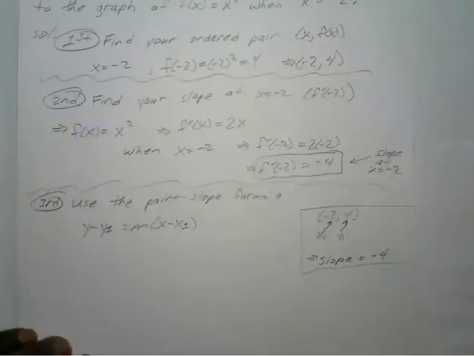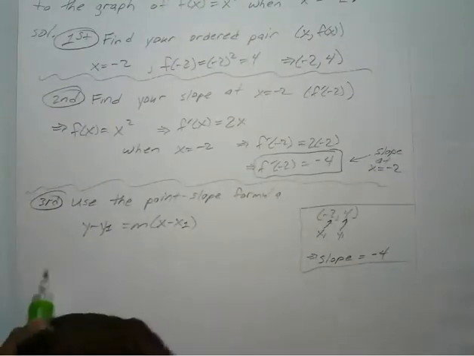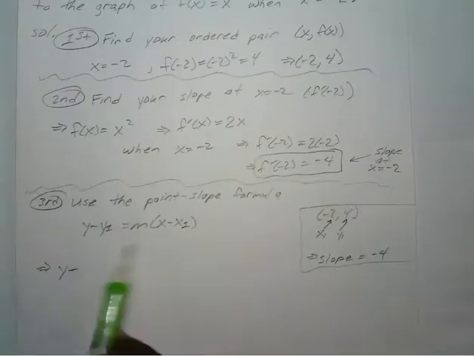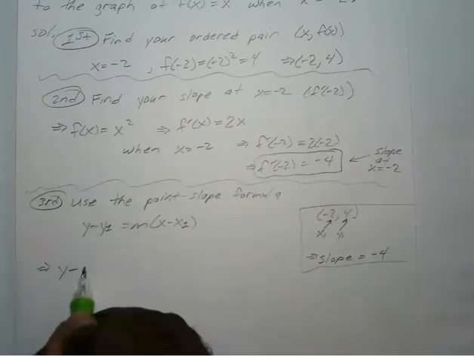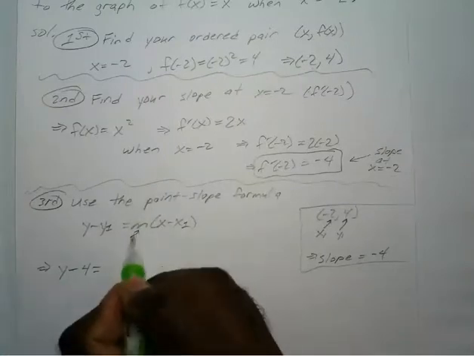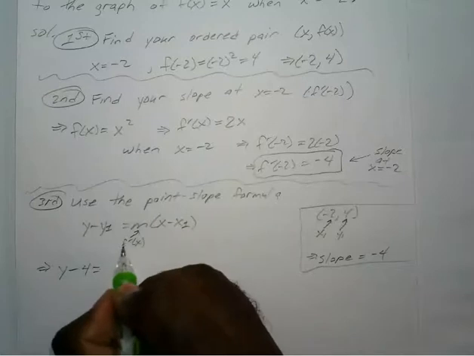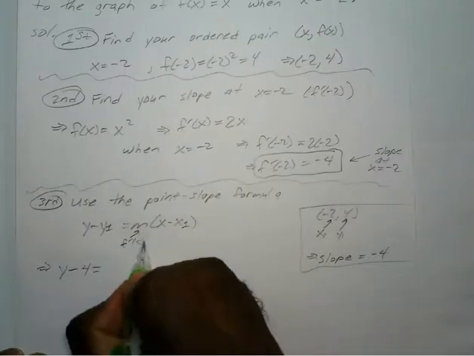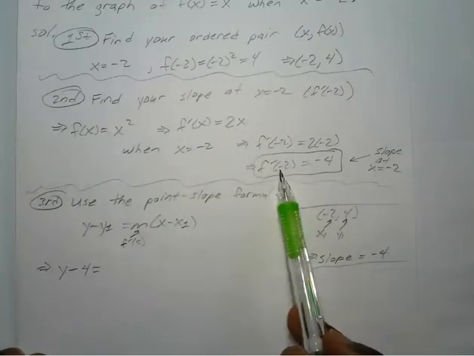Okay, so we go ahead and plug everything in. We have y minus y1, so y minus 4 equals your slope. Remember, that's just your f prime of x, or f prime of c, or whatever that c value is. In this case, our c was -2.